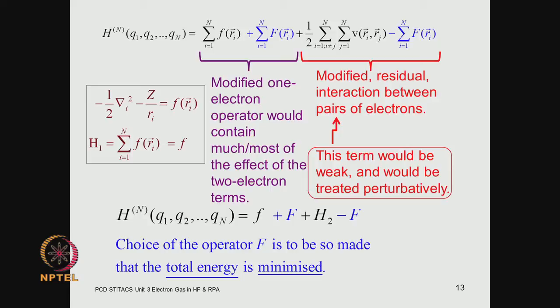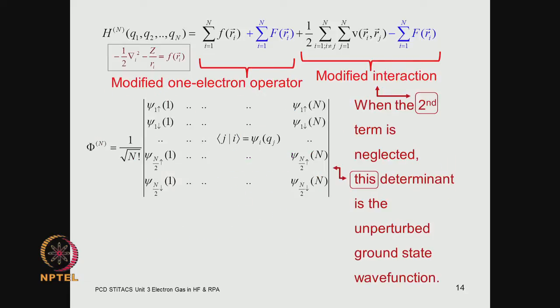So, f is to be chosen so that the total energy is minimized, and what we will do is to work with a Slater determinantal wave function. So, now we have a determinantal wave function which would be the correct unperturbed ground state if the second term, which is the modified interaction, were completely missing, if it were neglected. Okay.